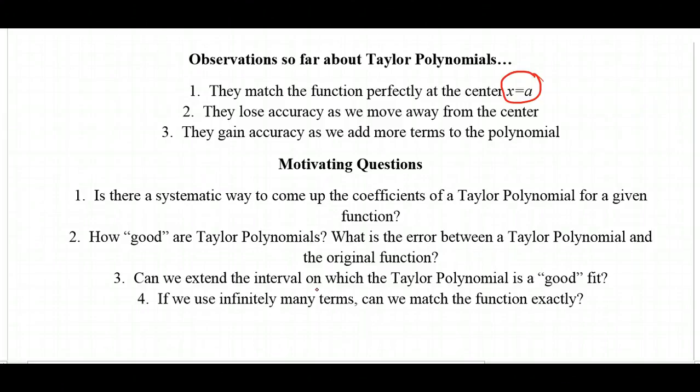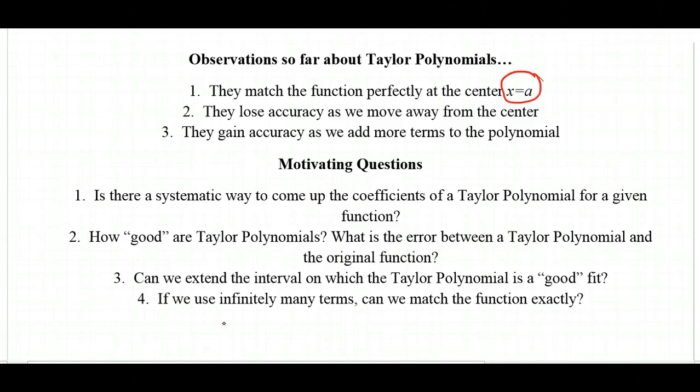Number 3 is, can we extend the interval on which the Taylor polynomial is a good fit? Is there a way that we can get further and further away from the origin and make sure the Taylor polynomial is going to be a really, really good approximation? And then, if we use infinitely many terms, can we match the function exactly?